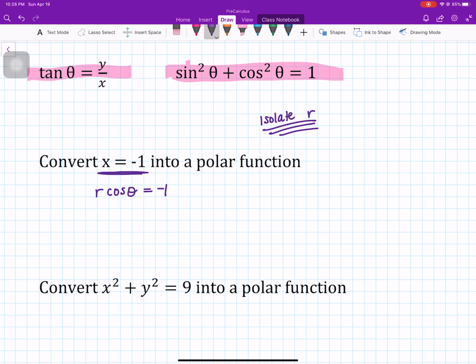R is kind of like your y. Usually you want y by itself. This time you want to get r by itself. So you would then isolate the r by dividing by cosine. And then you should remember that 1 over cosine is secant. So you could say r equals 1 times secant, or just secant.